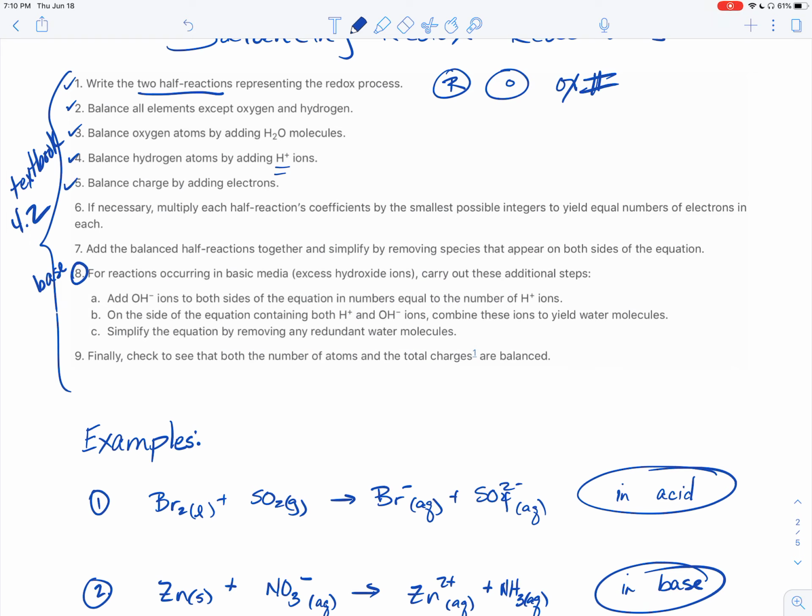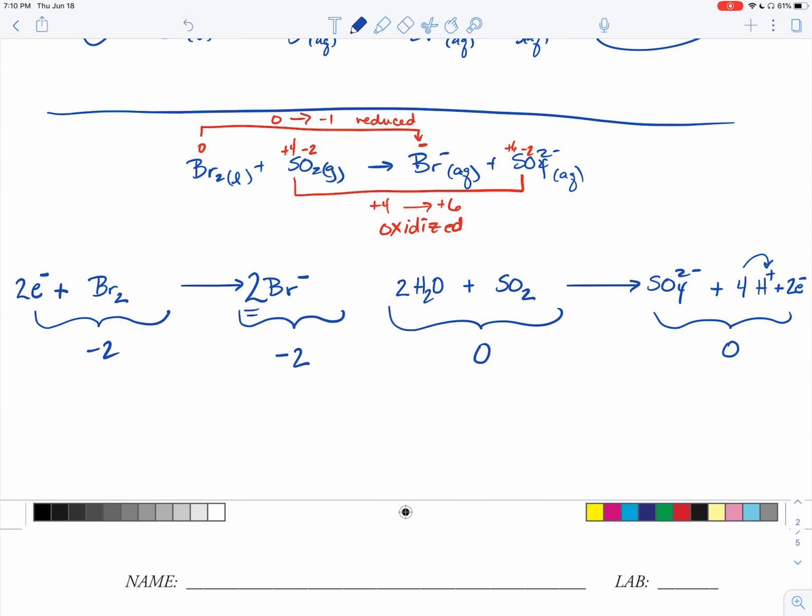We've got them balanced. Now we want to make sure that each half reaction has the same number of electrons, so that their total value of electrons is equal within their reaction. If you look over here, this one has 2 total electrons in this whole reaction, and this one has 2 total electrons in this one.